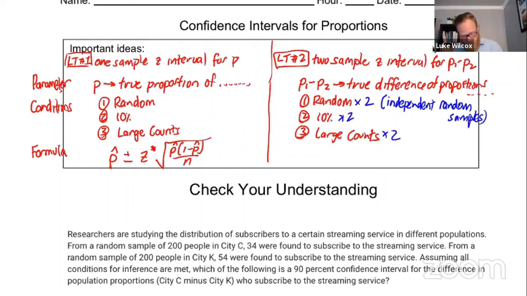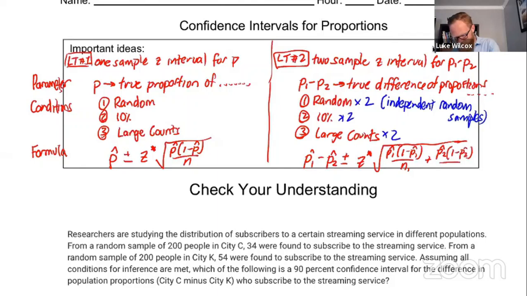Now for the two sample stuff, you're going to have the difference of sample proportions as your point estimate, plus or minus the Z star critical value. And then this formula for standard error is a little bit bigger here: p1 hat times 1 minus p1 hat, all over n1, plus p2 hat times 1 minus p2 hat, all over n2.